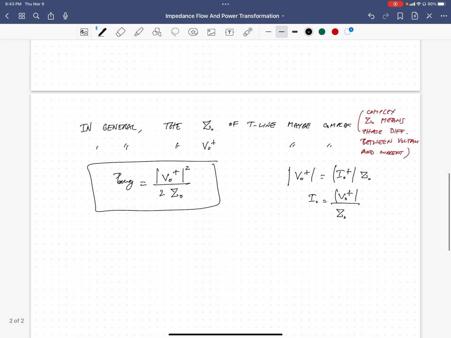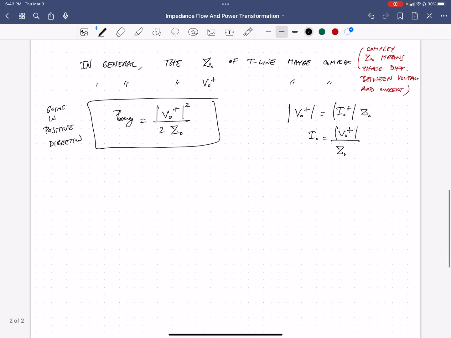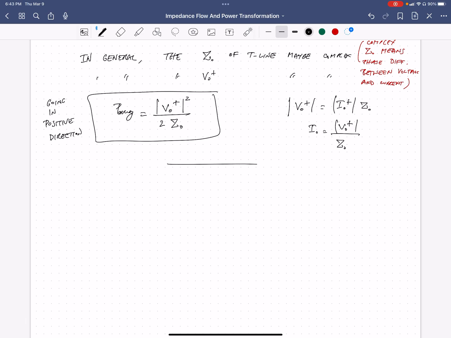So that's in general the average power going in the positive direction, or from left to right in the transmission line. And for the reflected wave, doing things exactly the same way, but instead of V0 plus, we'll use V0 minus.